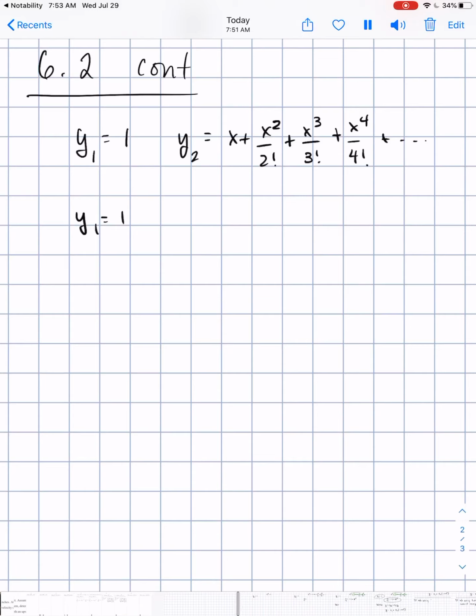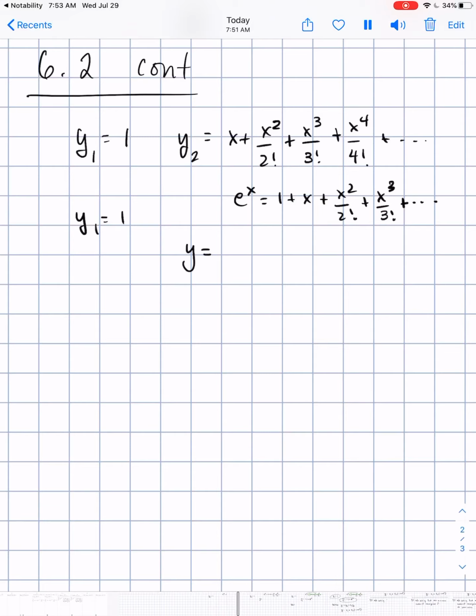Well, y1 is easy. That's just 1. That's not going to change. But if you know e to the x as a power series, which you could go into the book and go to 6.2 or 6.1, and they'll give you a whole list. And e to the x is going to look like 1 plus x squared over 2 factorial plus x cubed over 3 factorial, and that continues on forever.